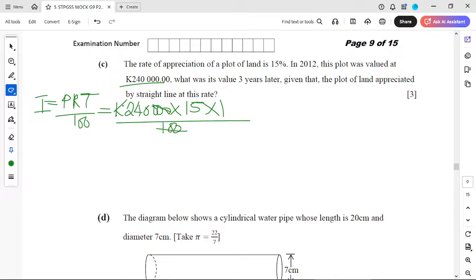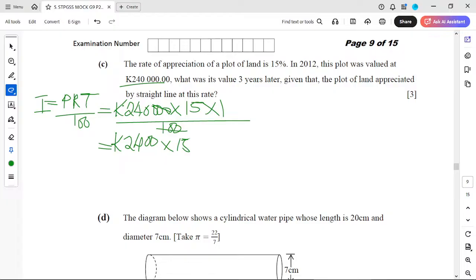Once we have done that, we can just multiply what is on top. I'm going to write what I'm remaining with so that we don't get confused as we are multiplying. We are remaining there with 2,400 times 15. So 1 times 15 will give us 15.